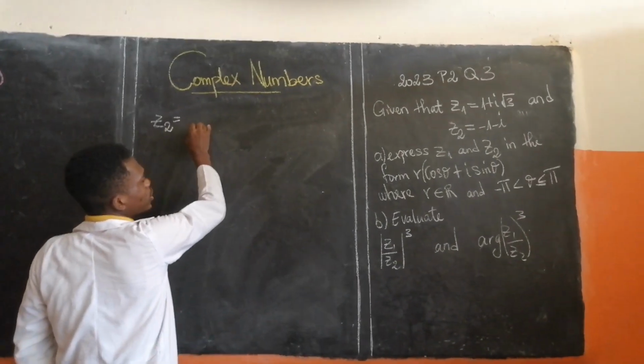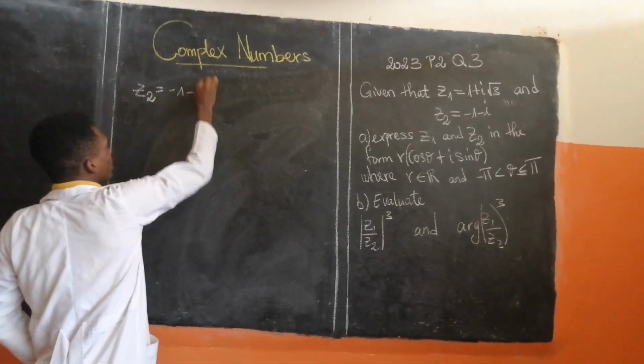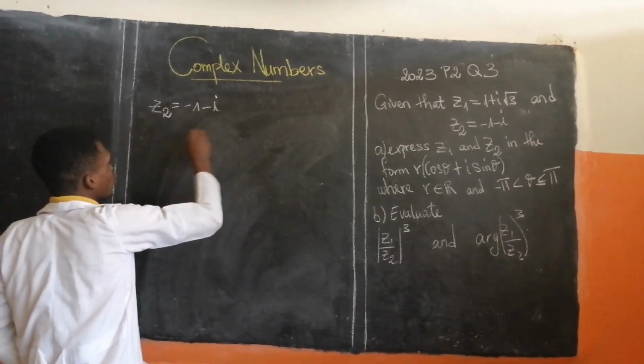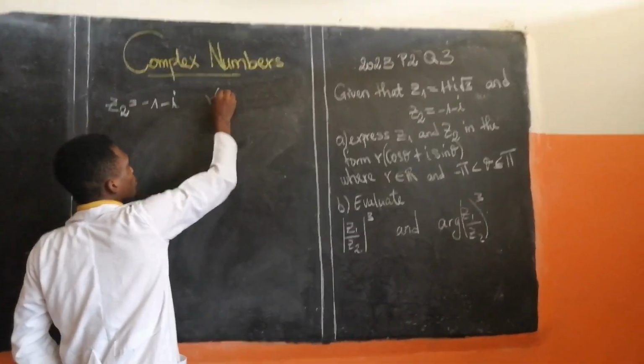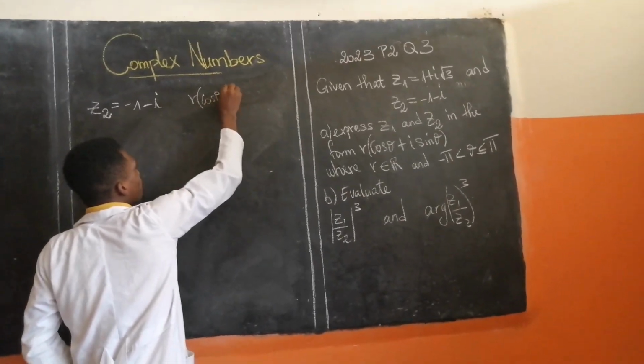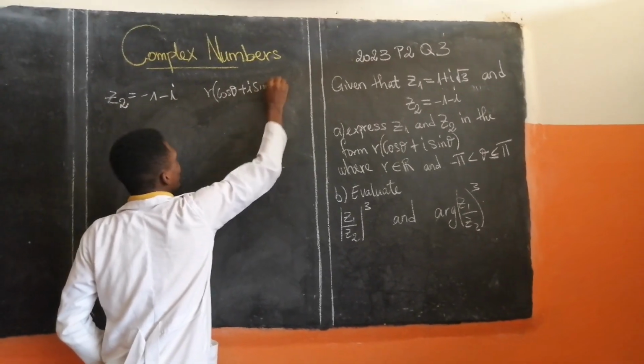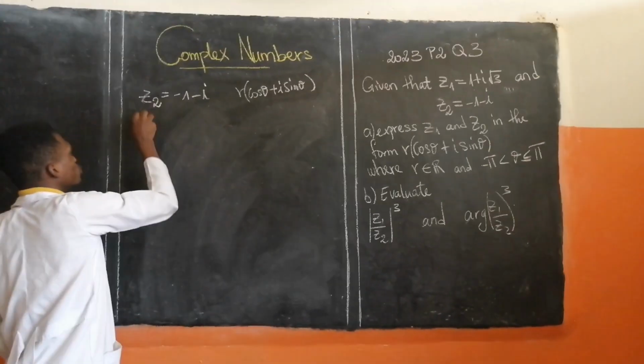We have that Z2 is equal to negative 1 minus I. So we are also going to express this in the form R cos theta plus I sin theta, where R is the modulus.